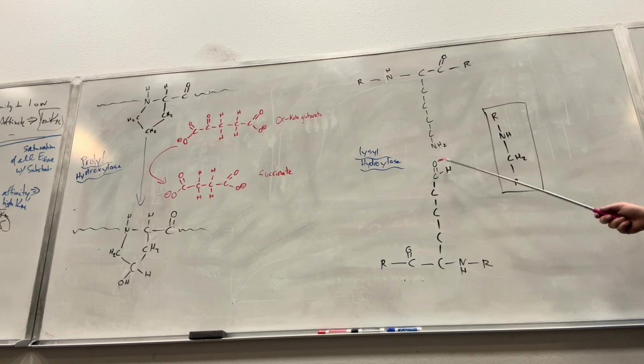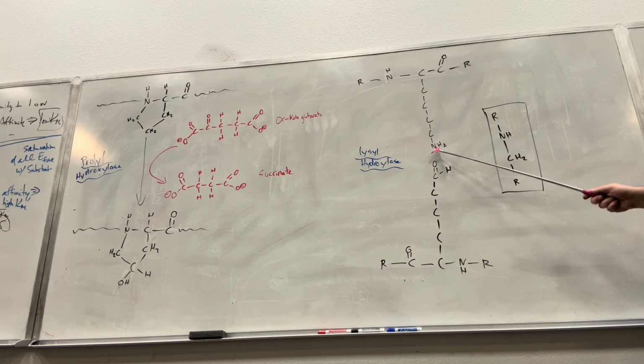I'm going to remove a water, an H2O, and make a bond between this nitrogen and this carbon. Those are going to effectively hold my units together so they can't move away from each other. Those are the two big things about binding of our collagen.